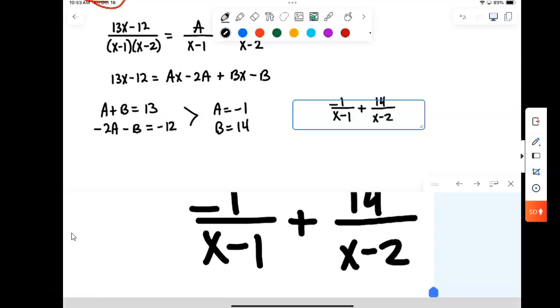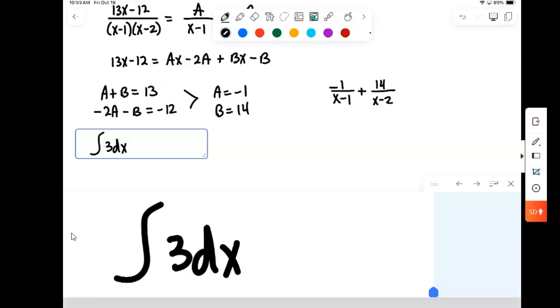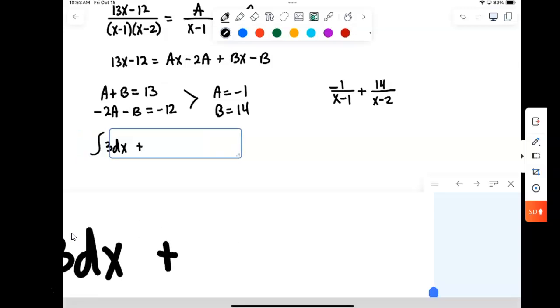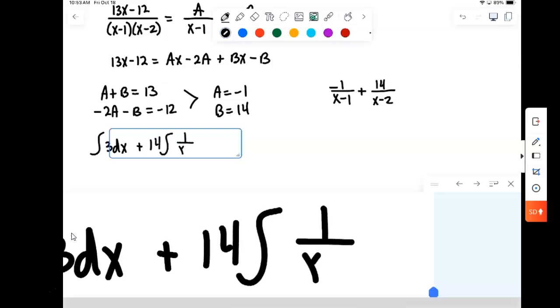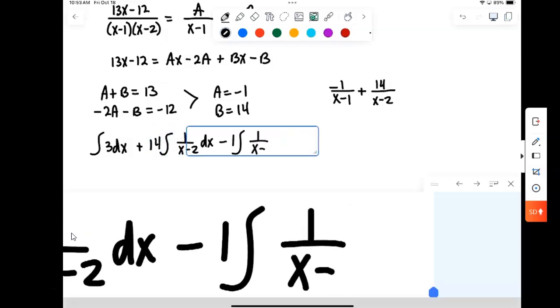All right, now we're ready to put it all together. So remember, we had the integral of 3 dx, and then plus 14 times the integral of 1 over x minus 2 dx, minus 1 times the integral of 1 over x minus 1 dx.